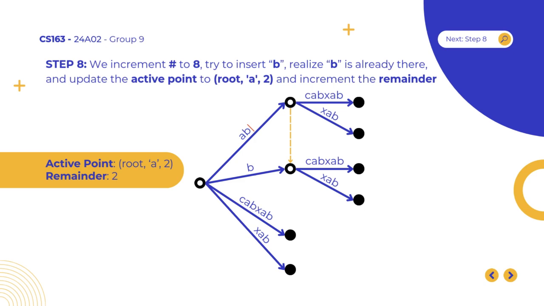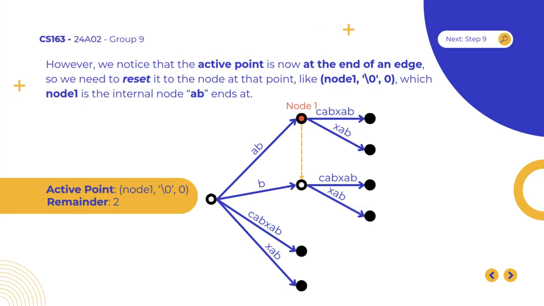But this time something special happened. The active point is at the end of an edge. So now we need to reset it to the node at the end of that edge is pointing to. We call this node 1. Node 1 is the internal node that AB ends at.